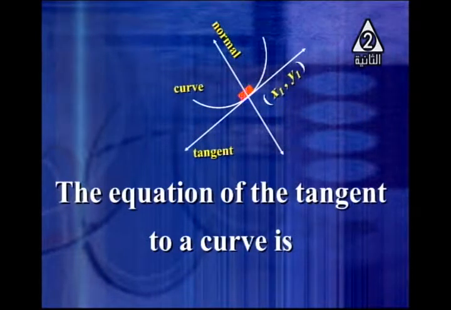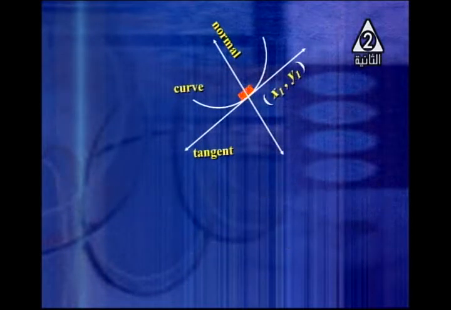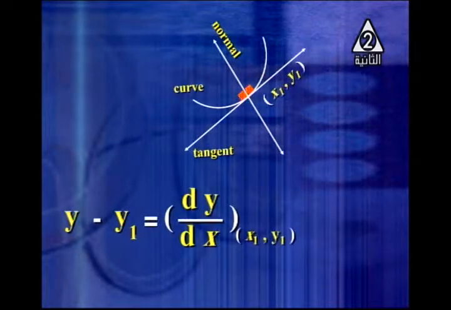The equation of the tangent to the curve is the rule y minus y1 equals dy over dx, or the slope of the straight line which touches the curve at point x1, y1, multiplied by x minus x1. We can put dy by dx as m.